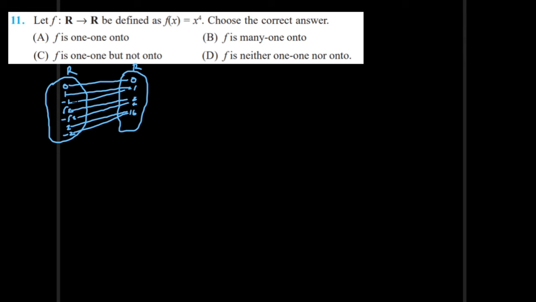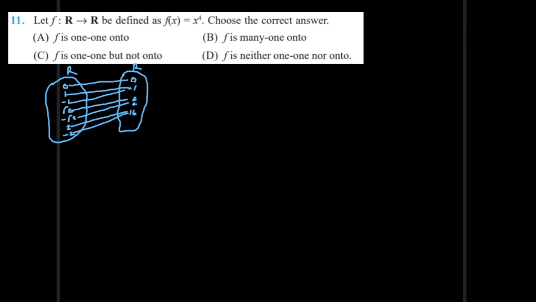And here listen, the images of the domain are always non-negative real numbers, that is 0, 1, 2, 3, 4 etc., all positive real numbers including 0.